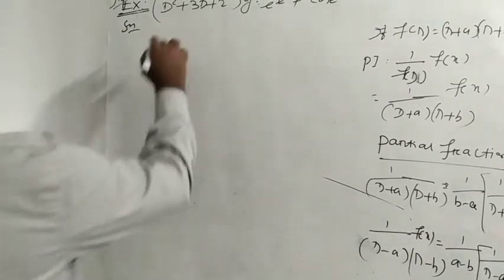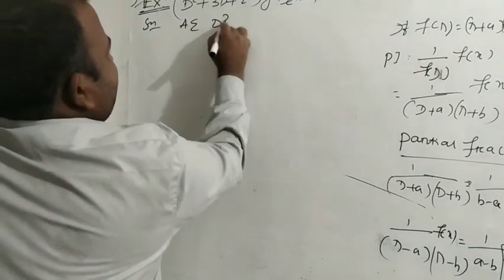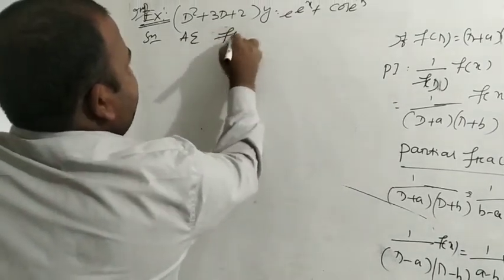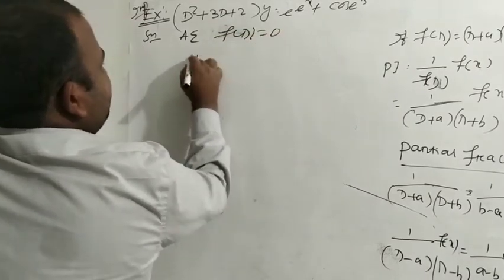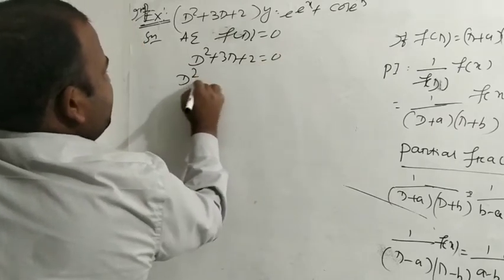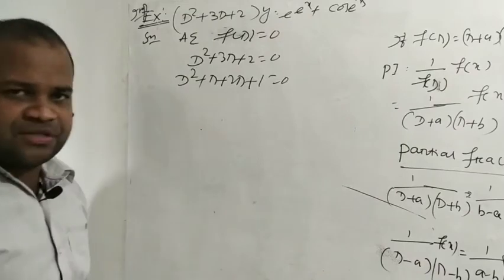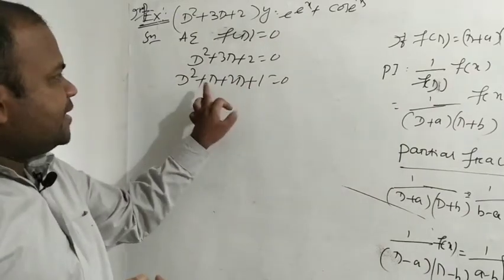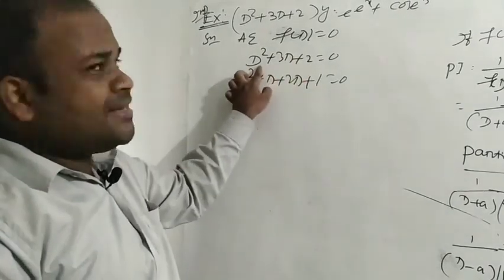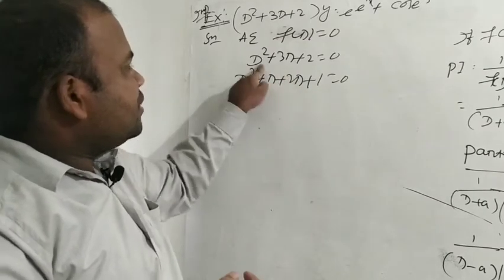Now you will solve it. First find the complementary function. The auxiliary equation is f(D) = 0, so D² + 3D + 2 = 0. Factorizing: D² + 2D + D + 2 = 0, because for 3D we need to add 2D and D, and on multiplying we should get 2. So 2D + D = 3D, and 2D into D gives 2D².